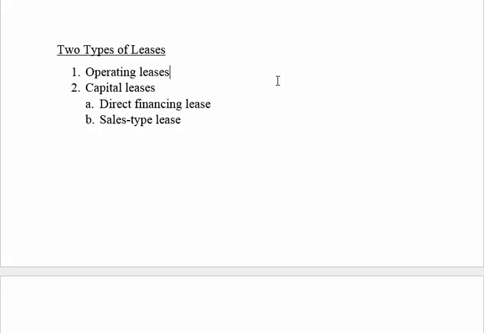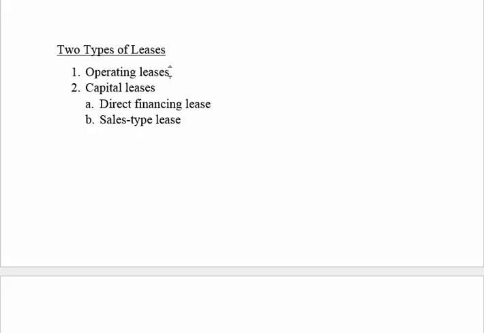The tenant pays the landlord rent. It's rent revenue to the landlord, rent expense for the tenant. The building, let's call it a house, would be an asset of the landlord and show up on the landlord's books, right? And they depreciate it. So that's the system you're accustomed to.